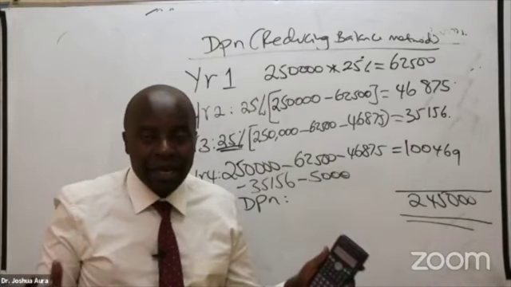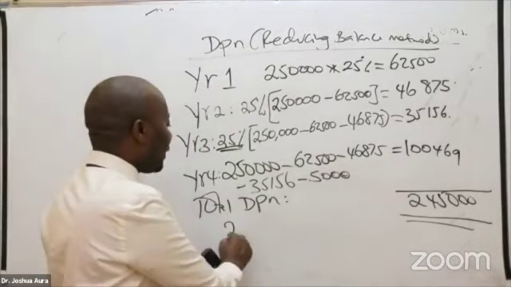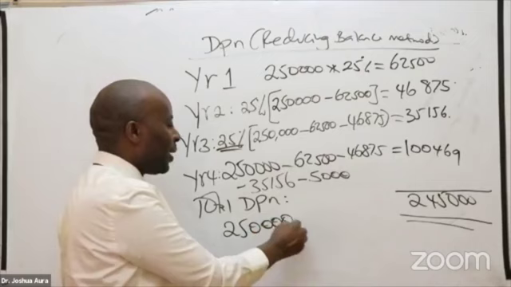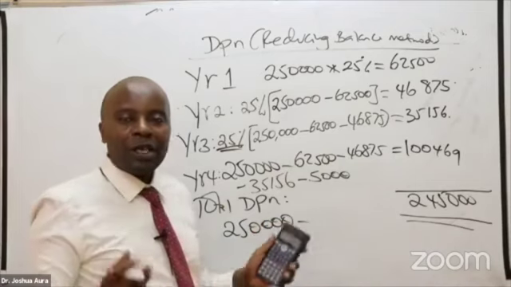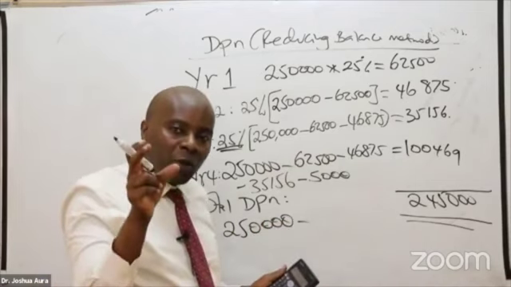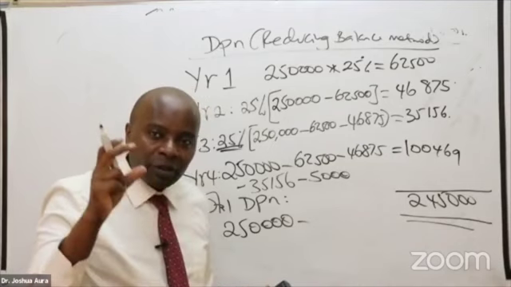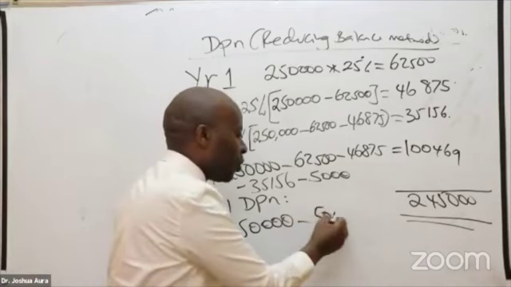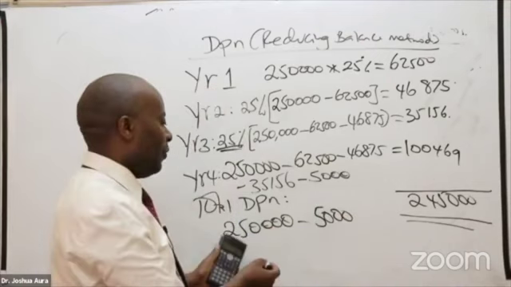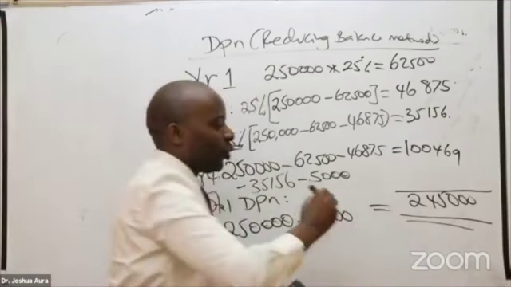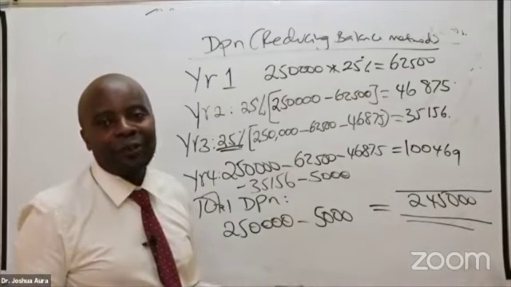And remember, when we bought the asset at 250,000, minus the scrap value at the end of the 4 years, which we are told was 5,000, if you subtract these two, they should agree to that 245,000.